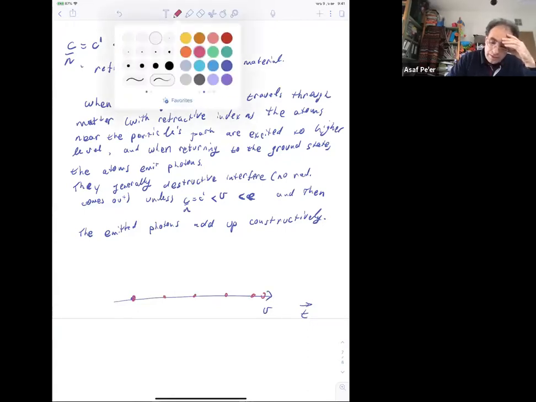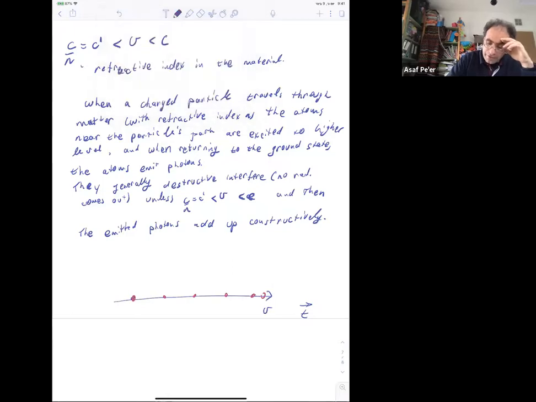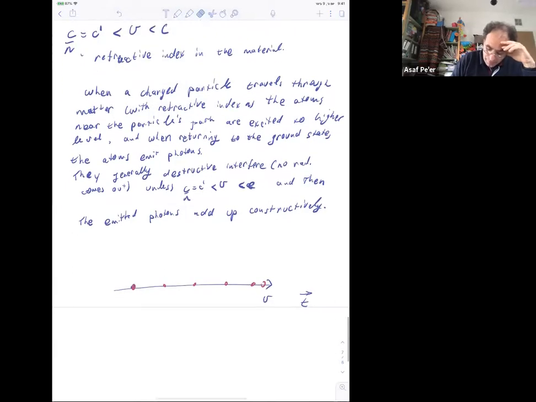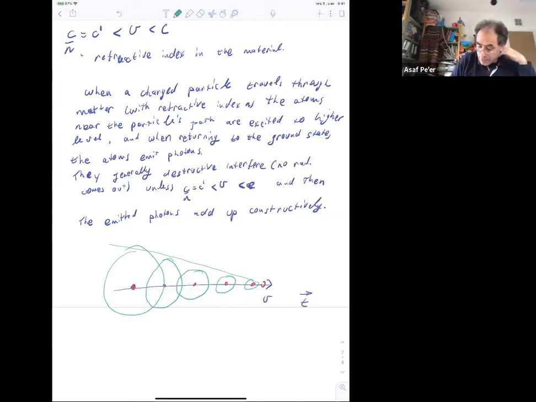And then it interacts with matter, and that produces photons, and the photons go in continuously growing circles as the particle is here, right? I'm a bad drawer, right? So they lead up to some radiation, which will be emitted at some angle theta to the direction of motion.